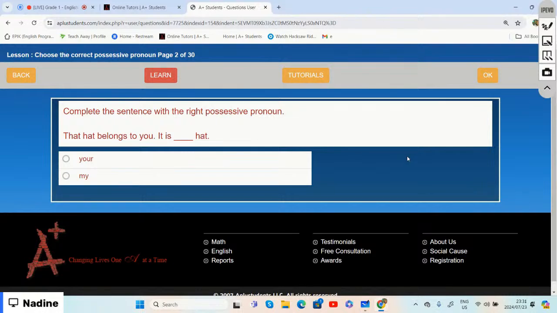All right. So now we can say that hat belongs to you. And if that hat belongs to you, do we say it is your hat or do we say it is my hat?